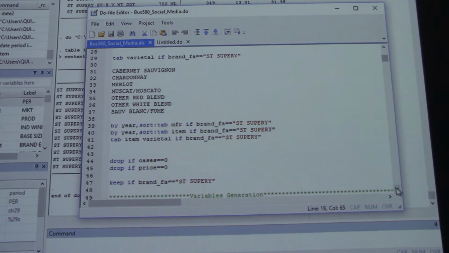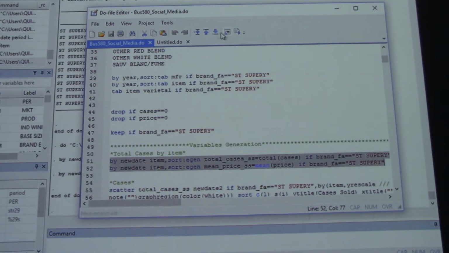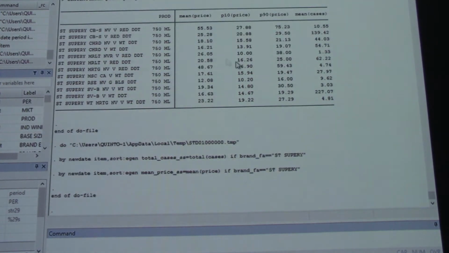I think I already dropped cases of zero, and so yeah, these are the only brands in here. The same subject. So what we want to do is essentially calculate, we don't really care about these individual SKUs.